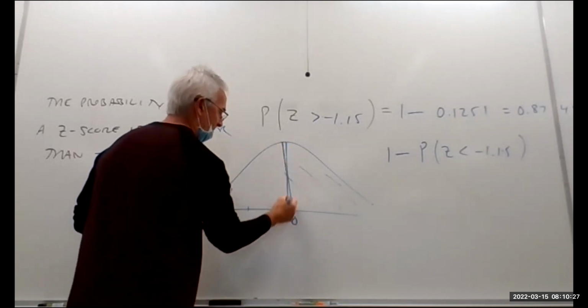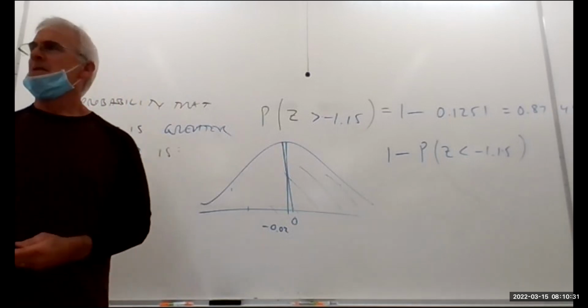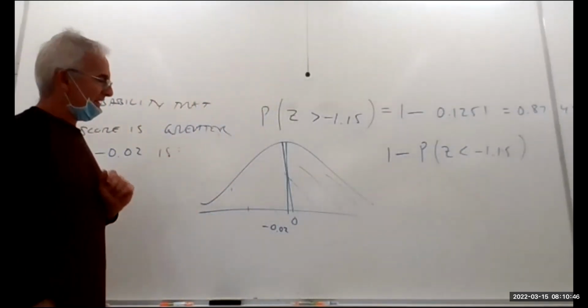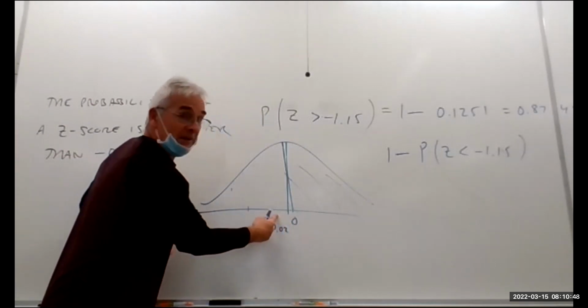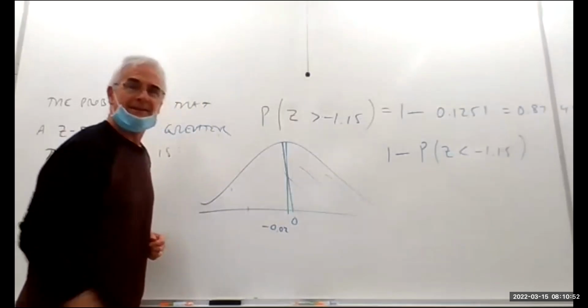But before I look it up, should this answer be greater than 0.5 or smaller than 0.5, do you think? Smaller. We're going that way though. Oh, okay. See, I'm a little left of the middle.